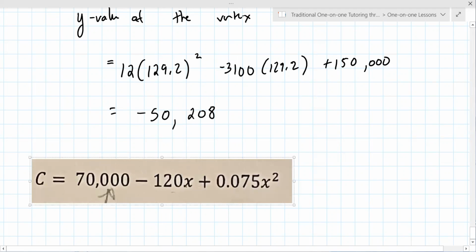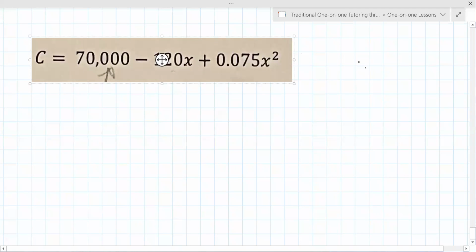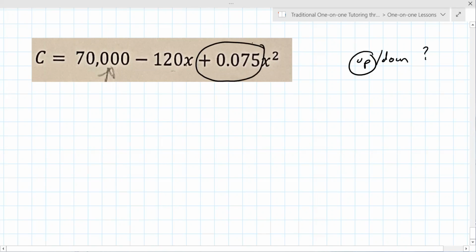And I want you to tell me whether this opens up or down. It would open up. It does open up. That's because of this right here. I think it's really important to rewrite it in that descending order, because it helps you.